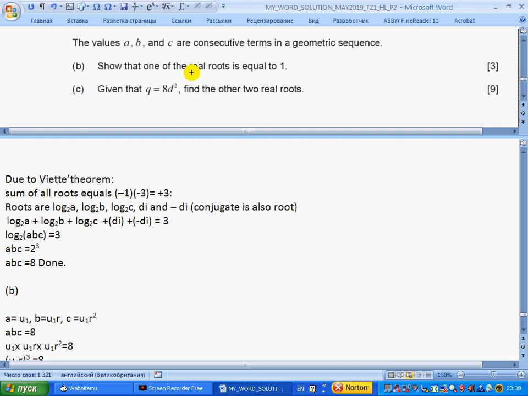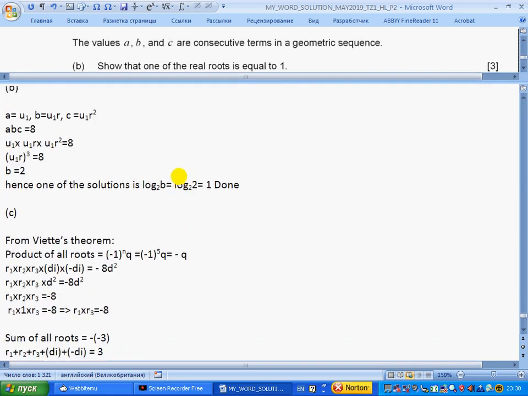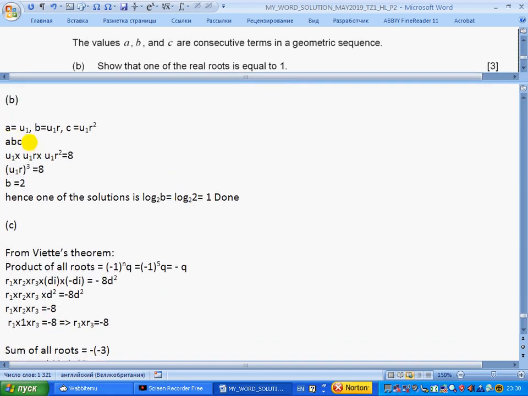The values A, B, C are consecutive terms in a geometric sequence. Show that one of the real roots is 1. Okay. The geometric progression can be, let's take A as first element, then we have AR, AR squared, R is common ratio.